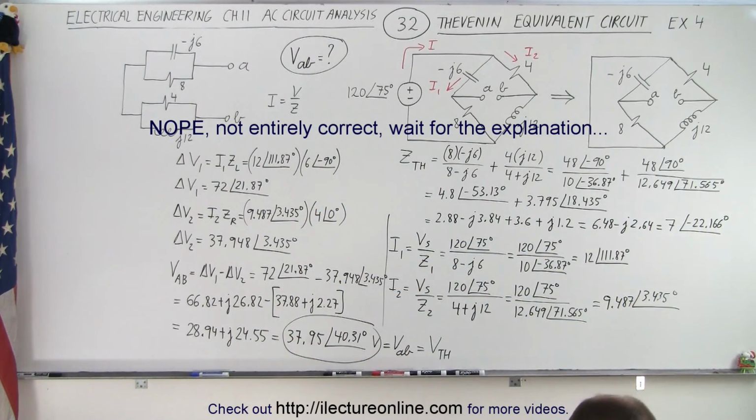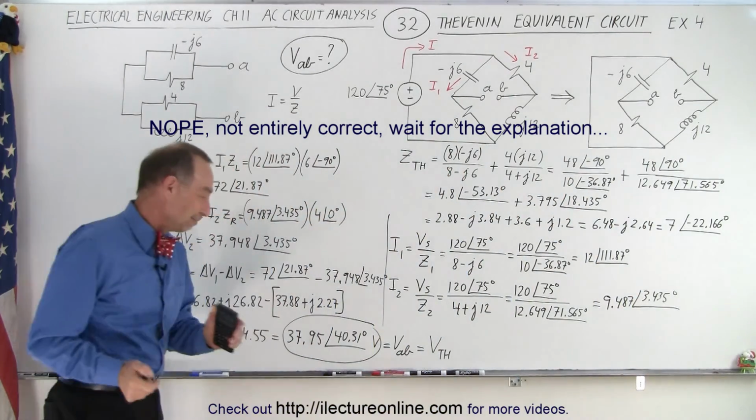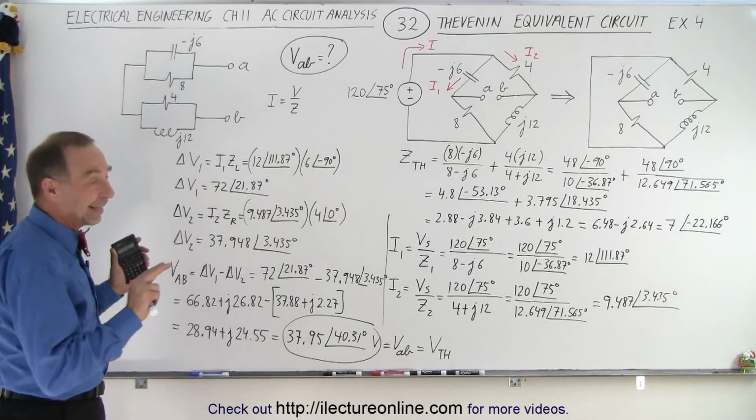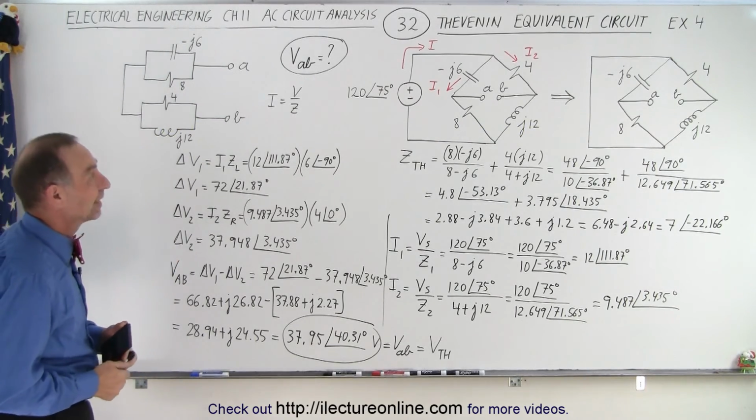Let's see here, 37.95 and the angle of 40 degrees. Hey, there we go. Oh, did I mess up? Oh, yes, okay. Am I quitting? No, you don't need to quit, but I need to make one caveat, one change.